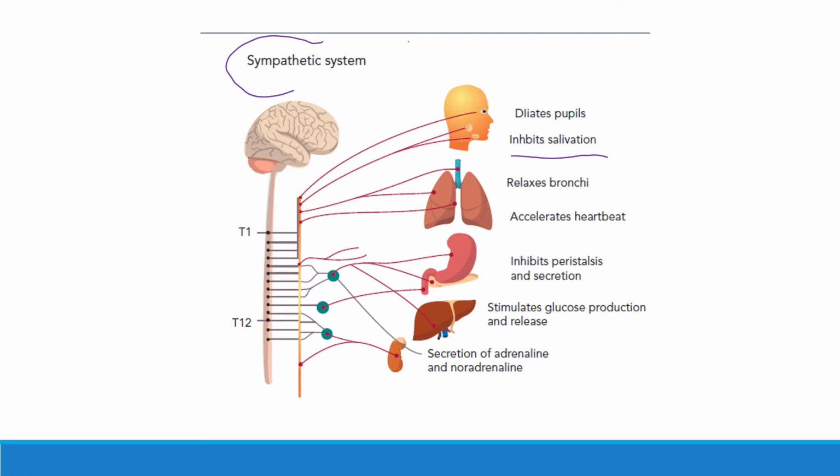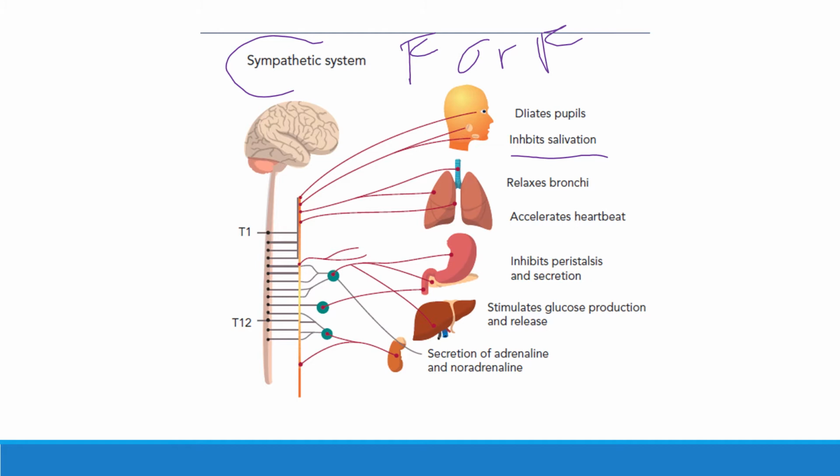This would be your fight or flight system. Your pupils will dilate so that you can obtain more input. You'll inhibit creating saliva because at this point, should you spend energy creating saliva versus energy running away from a threat or fighting a threat? No, right? So you're going to inhibit that.